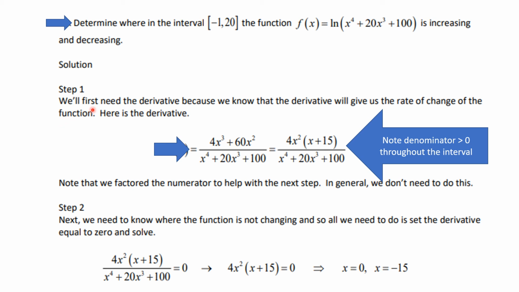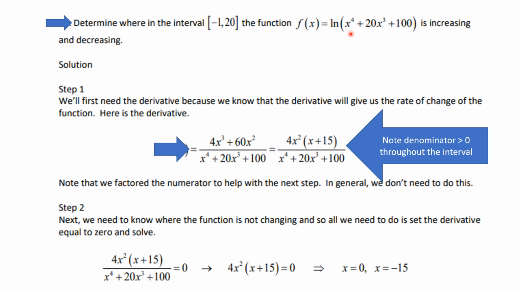Okay, so we're going to take the derivative of the logarithm of u. This is going to be 1 over u, where u is x to the fourth plus 20x cubed plus 100, times du dx, the derivative of this.